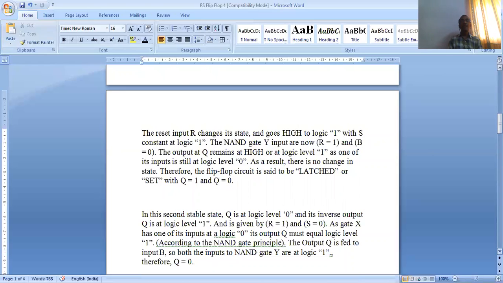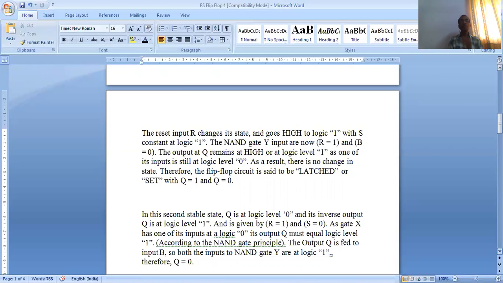Second step. Now in this stage, see that when R equal to 0 and S equal to 0, then Q equal to 0 and Q bar equal to 1, this we have discussed. And when R equal to 1 and S equal to 0, what happens? As gate X has one of its inputs at logic 0.